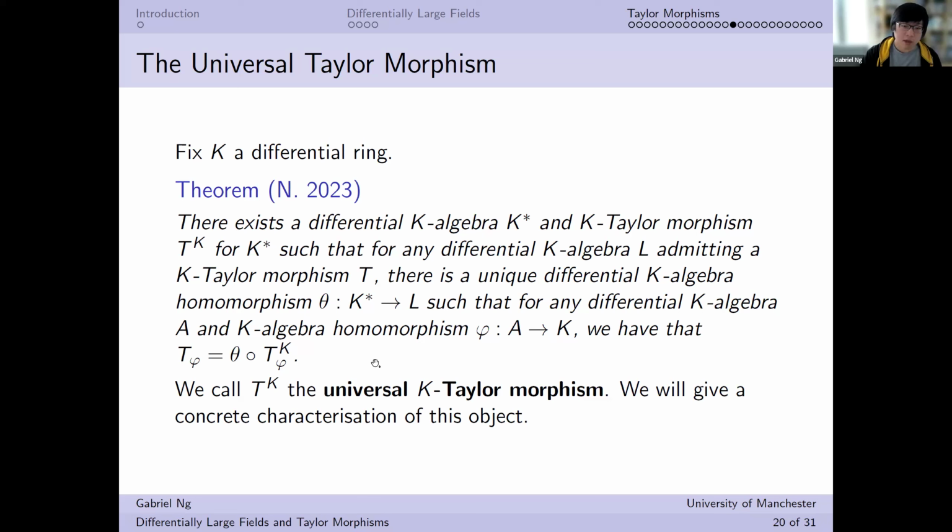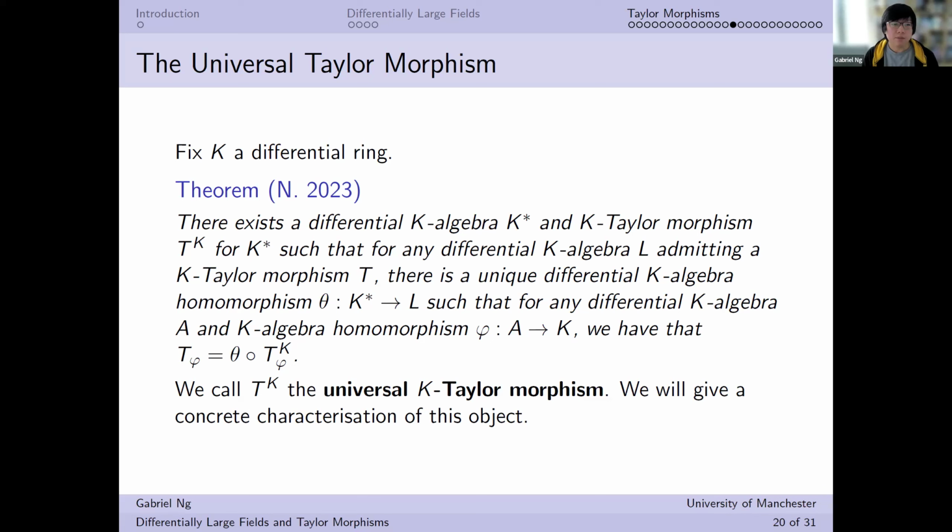And if you take the co-limit of this thing, this will turn out to be precisely this universal Taylor morphism here, this T^K. And the unique map from this co-limit to any other K-Taylor morphism is precisely this K-algebra homomorphism theta that you get out here. And so we call this T upper K the universal K-Taylor morphism.